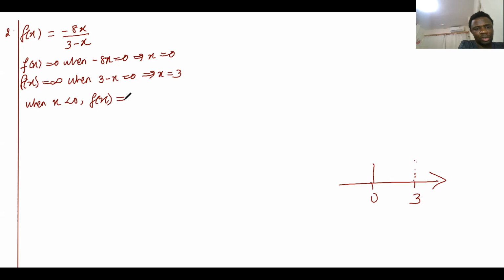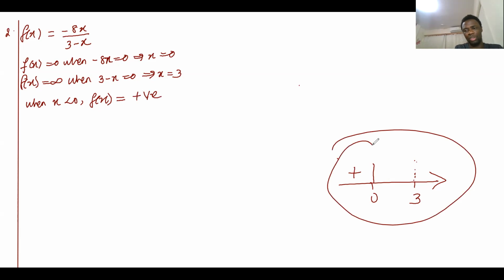I'm just going to write it. So we know this is going to be positive. This is not my sign diagram, just trying to know which regions I need to find.